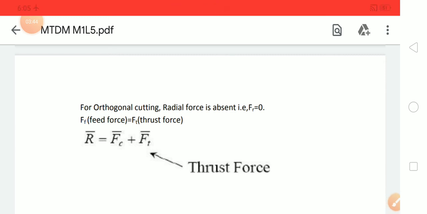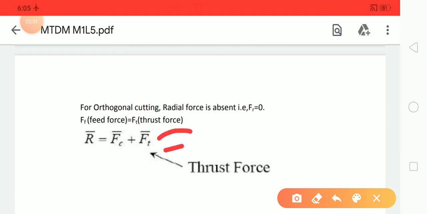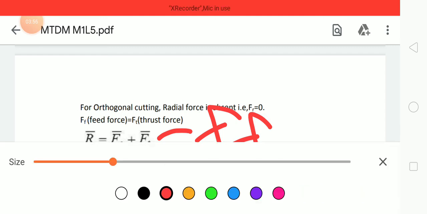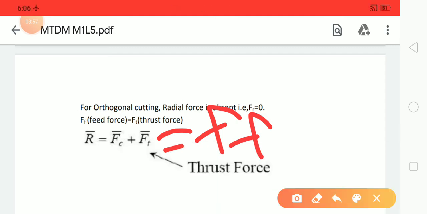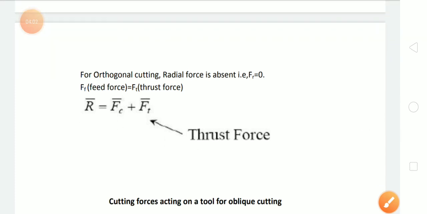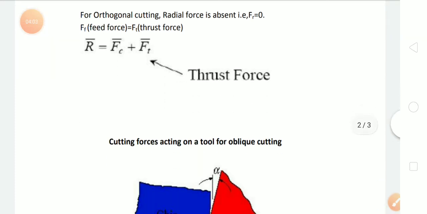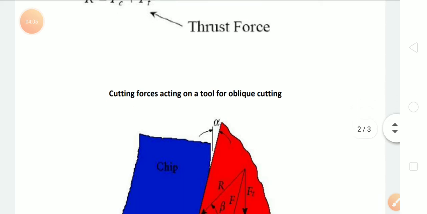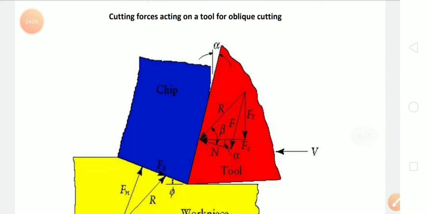Considering Fr equal to 0 and Ff equal to Ft, we can write the equation as R is equal to Fc plus Ft.